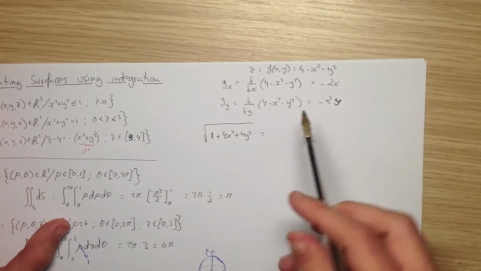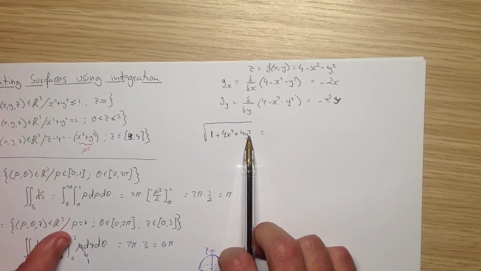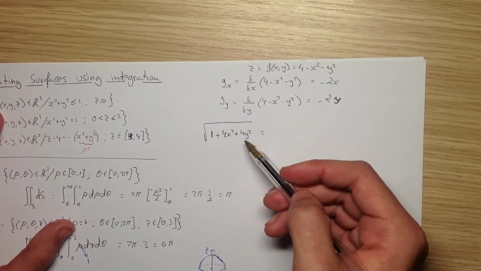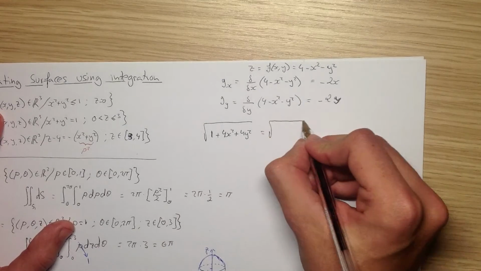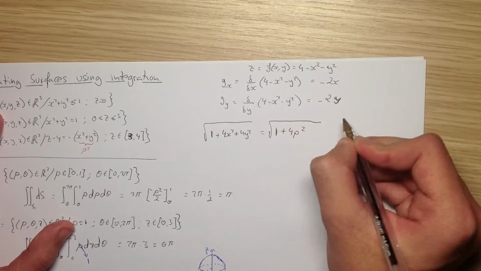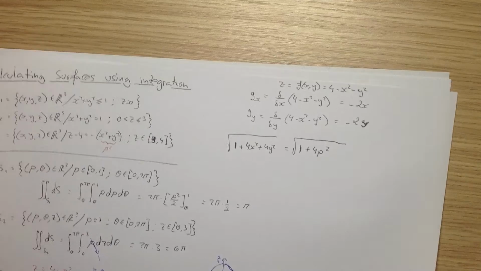As we see here, we have an x squared and a y squared, which we previously said was rho squared. So we can rewrite this as the root of 1 plus 4 times rho squared. It will be much simpler. Okay.